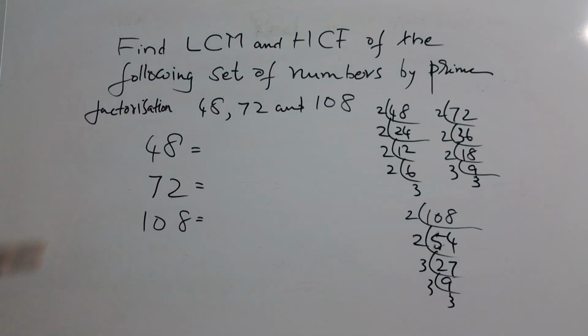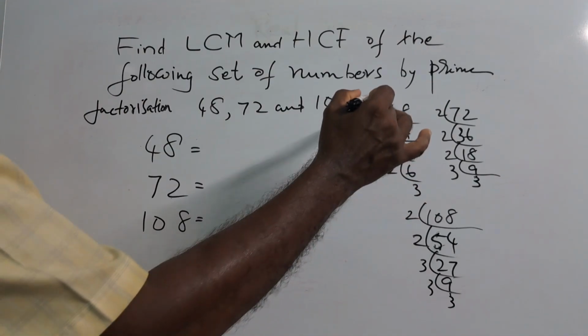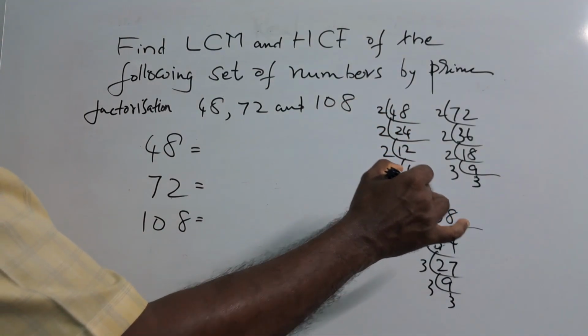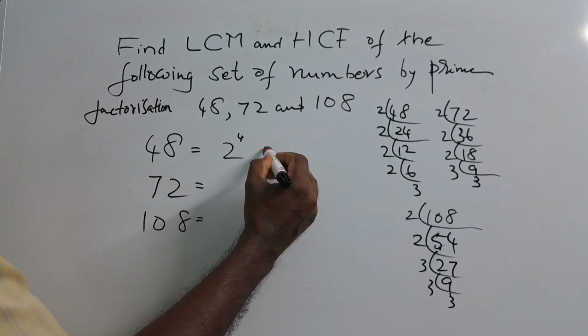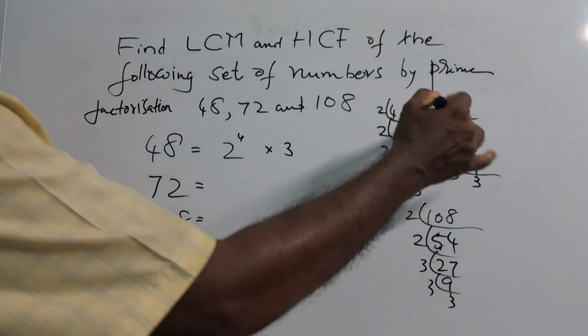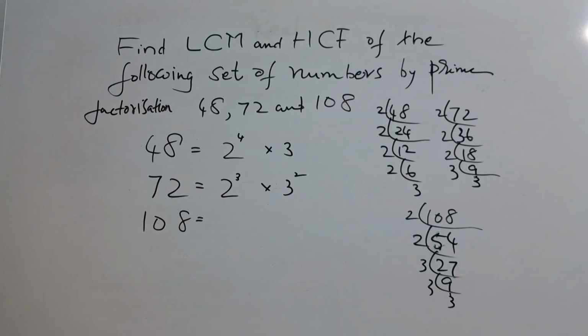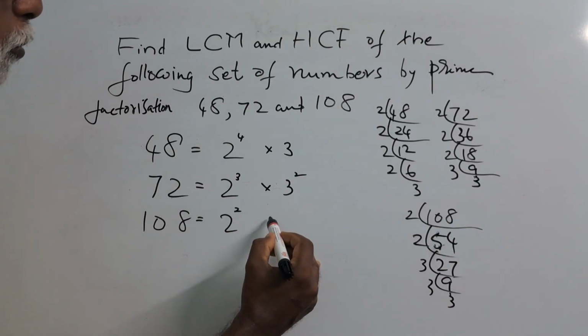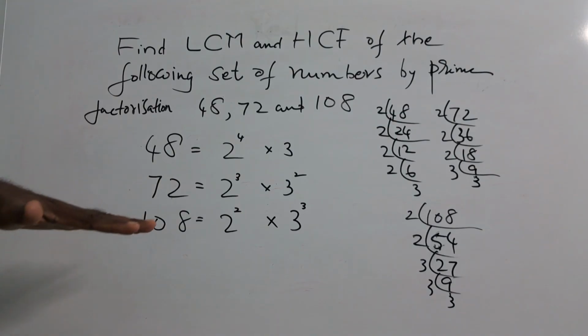Now let's express these numbers as the product of primes. 48 is equal to 2 into 2 into 2 into 2 into 3, that is 2 raised to 4 into 3. 72 is 2 raised to 3 into 3 square, and 108 is 2 raised to 2 into 3 raised to 3. Now the prime factorization is complete.